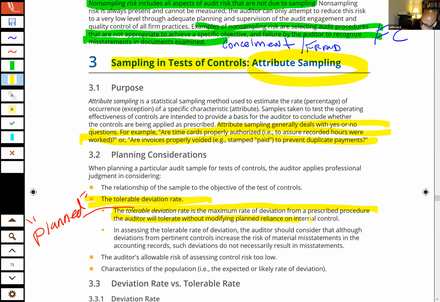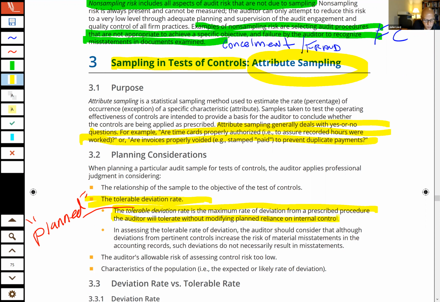So let's say we are looking at time cards, and we are thinking that the supervisor should sign the time card because the supervisor should know how many hours the employee worked. And so we look at that control, we say, that's a pretty important control.